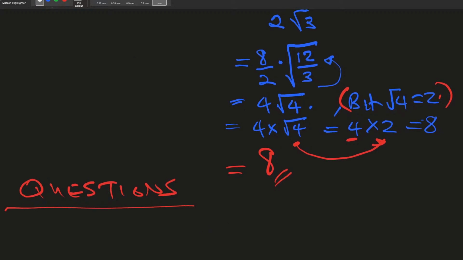The question says: simplify the following.